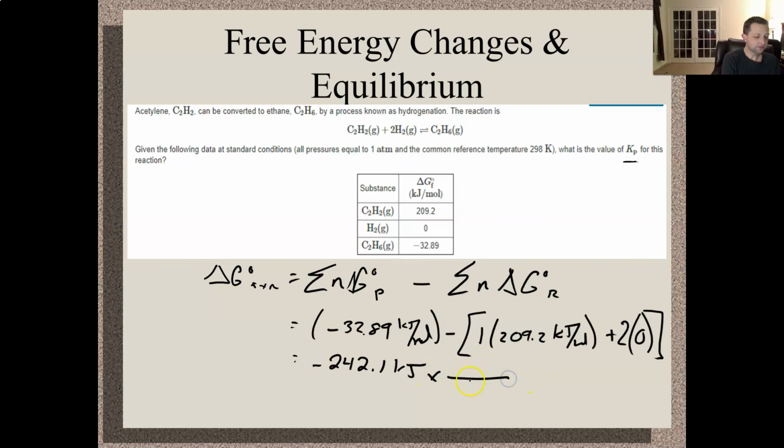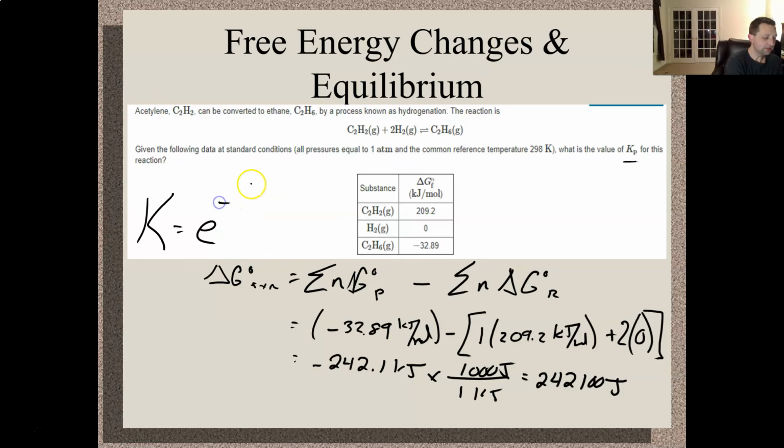So you guys all do. So convert to joules here. And you get obviously 242,100 joules is what you end up with. Okay? So now you have K equals e to the negative delta G over RT.